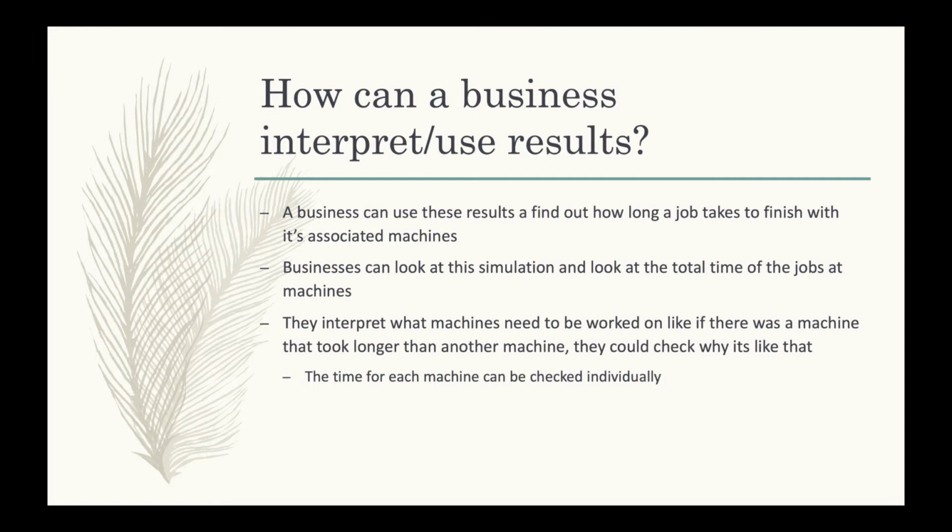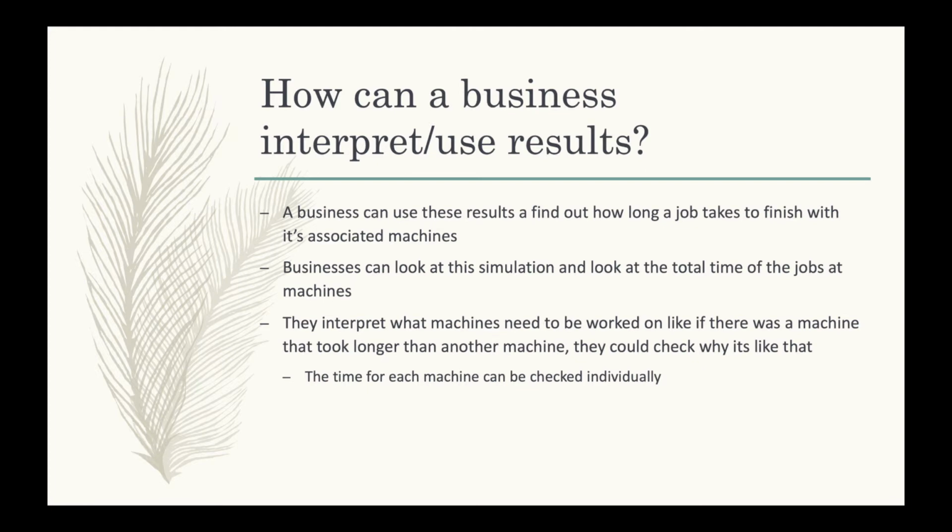How can a business interpret and or use these results to their benefit? The first thing is they can look at how long it takes a job to be completed with its associated machines. As you saw with our example, we had 6 different jobs and they had 4 machines associated with each one of those. So we can look at individual jobs and see how long they take.